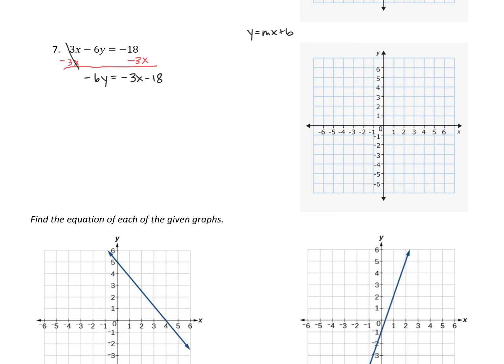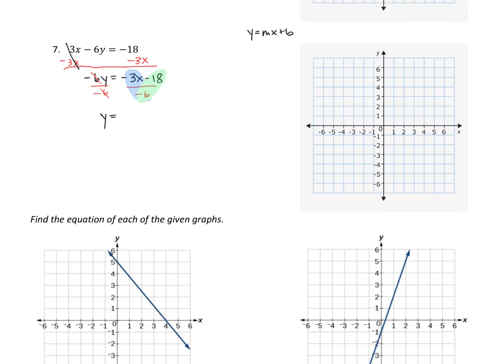Now I'm still trying to get the y by itself. The negative 6 is messing us up here. That's negative 6 times y. So to undo multiplication, I divide. I'm going to divide both sides by negative 6. On the left-hand side, the negative 6s will divide out to 1, so I'll just have y, which is what I wanted. On the right-hand side, I have negative 3x divided by negative 6, and negative 18 divided by negative 6.